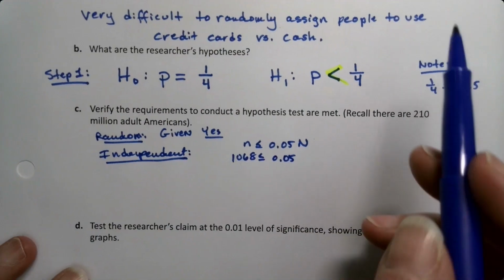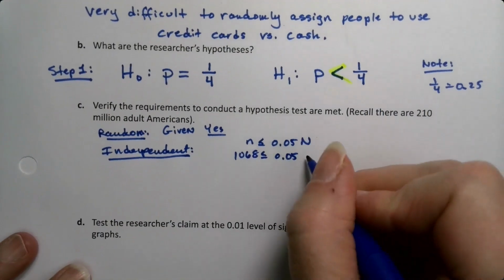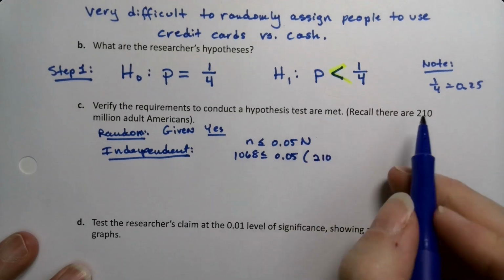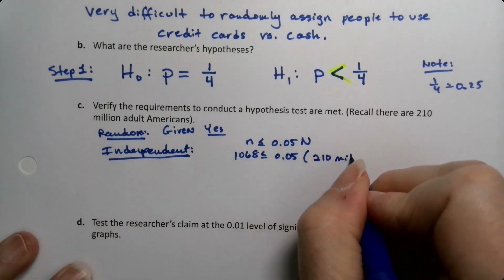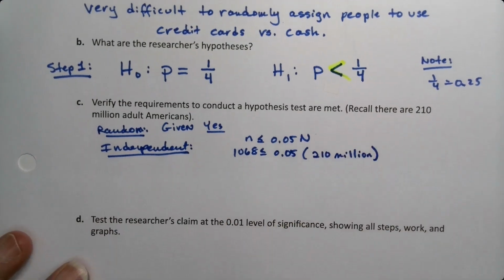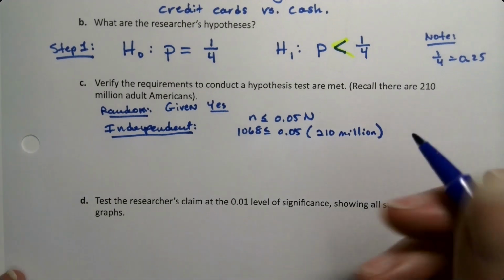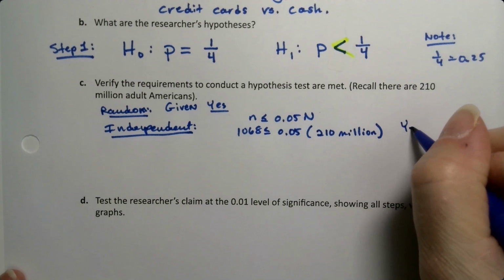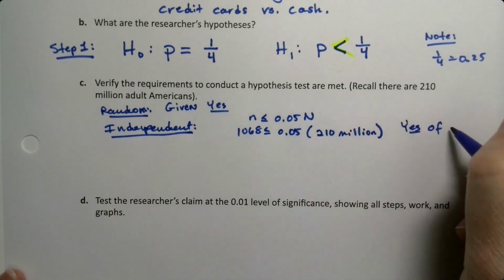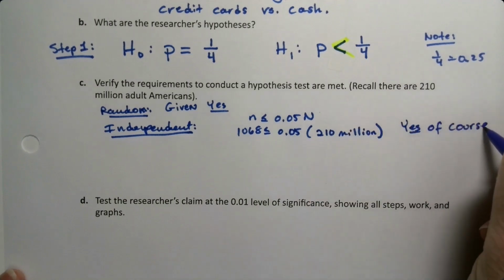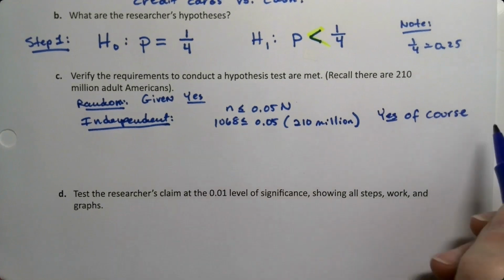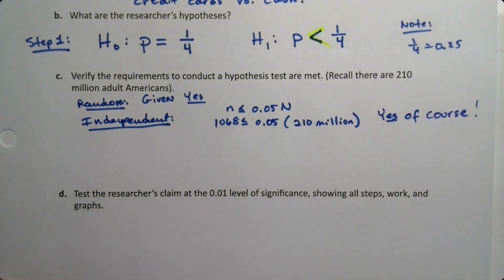Now, capital N is adult Americans. We've run into that before. We're going to say it's 210 million. It fluctuates depending on what year we're talking about, but it's generally going up. All right, so this is yes, of course, right? I'm not going to go find that number, but I know that it's huge, and 1,068 is definitely less than 5% of it, so we're good.